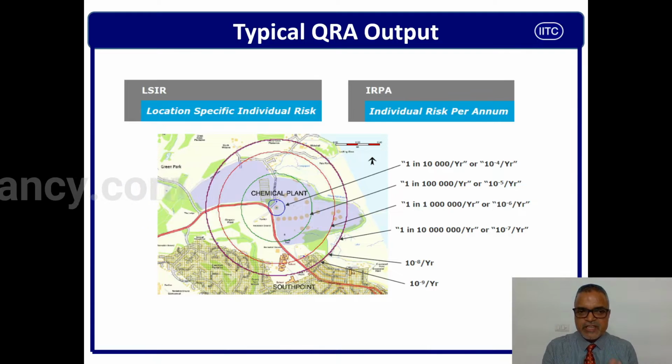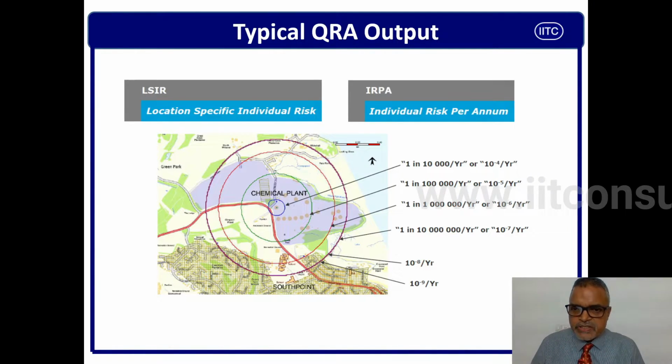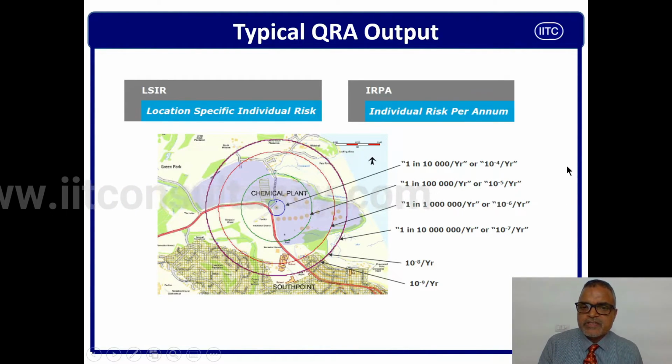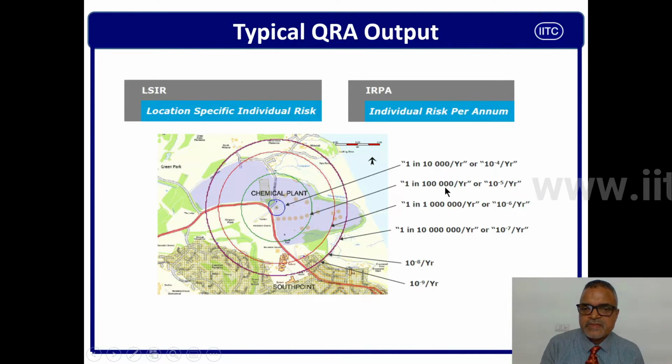Sometimes he has to go to the canteen, sometimes elsewhere. If you see here, on the right side of the graph, the individual risk per annum is 1 in 10,000 per year, or 10 power minus 4 per year.